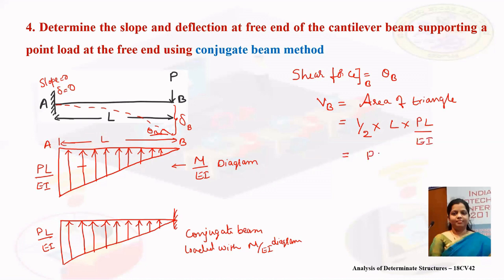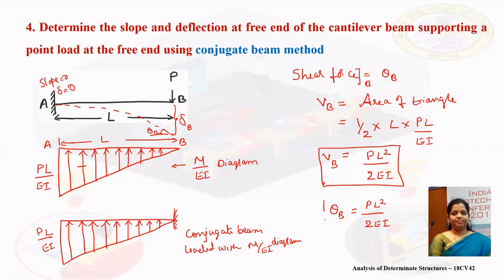Therefore, the value will be PL square by 2 EI. Therefore, theta B will be equal to PL square by 2 EI.